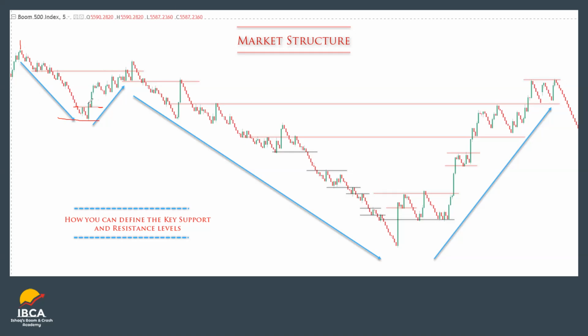Now even if it breaks and you enter here, or probably after this spike, correct? Now that you know the market is not going to go down again because it has rejected from this level, what would your expectation be? Your expectation would lie somewhere here, because this was the previous structure, right? You can see that this was your low, correct?